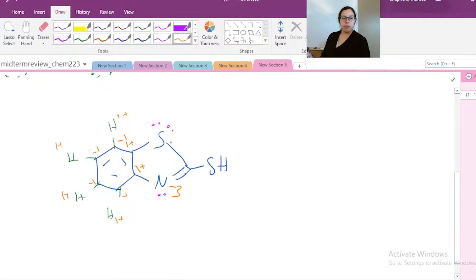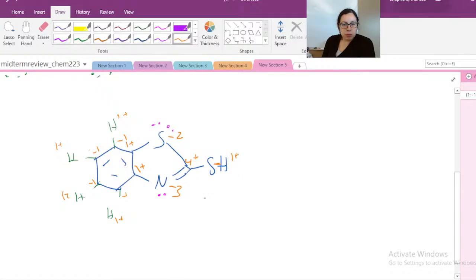Finishing up with sulfur: sulfur again gets all the electrons, so -2. It has 1, 2, 3, 4, 5, 6, 7, 8, leaving it with a -2 formal charge. Now this carbon has lost out to everybody. It's next to sulfur, sulfur, and nitrogen, so it has 0 electrons on it, so this is +4.